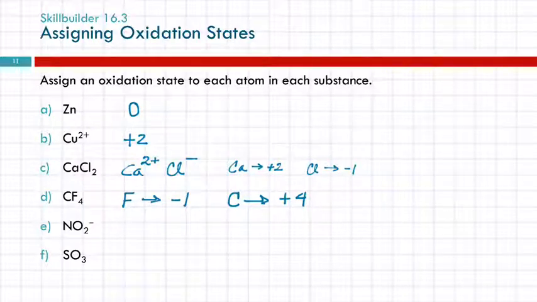So oxygen is the top priority of the elements present. What does oxygen want? -2. So there are two oxygens. They each get what they want, -2. There's one nitrogen. Nitrogen has to make up the difference. All of those oxidation states have to add up to -1.